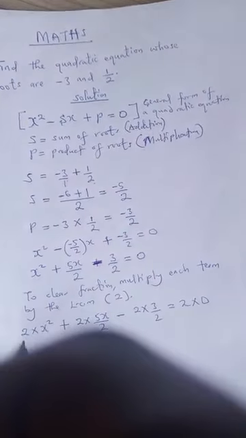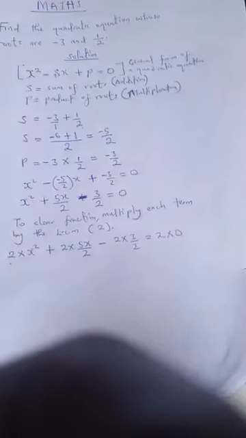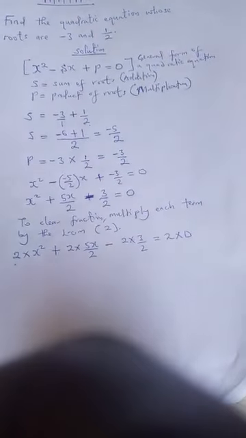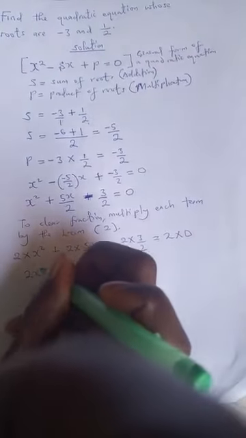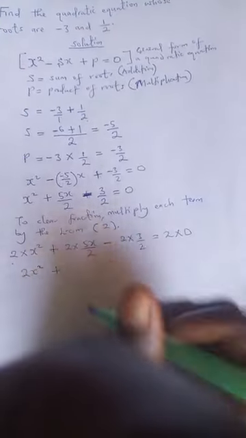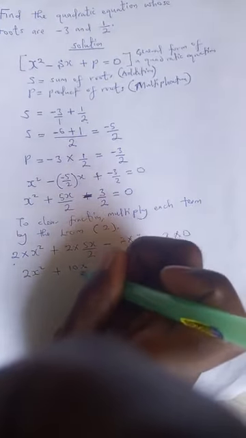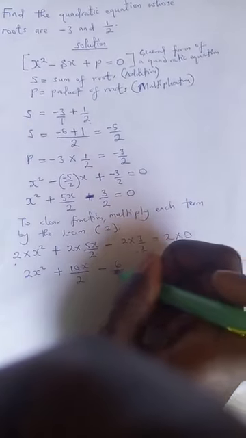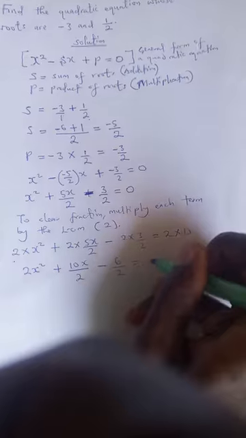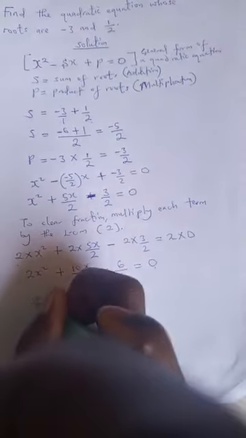Now, if you multiply 2 and x squared, you are going to have 2x squared, plus 2 times 5x will give us 10x over 2, minus 2 times 3 will give us 6 over 2, and 2 times 0 will give us 0.